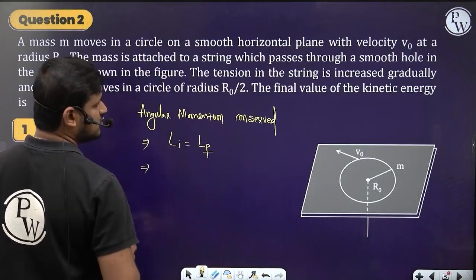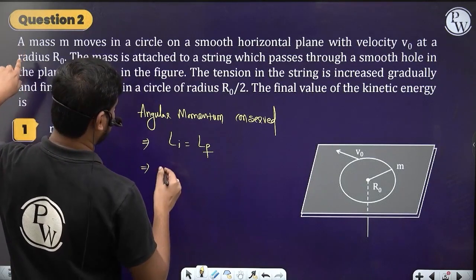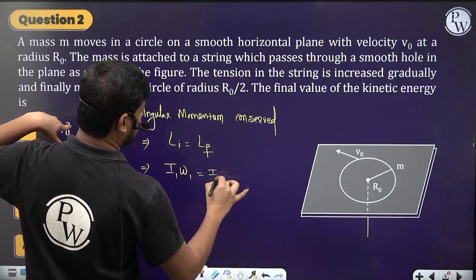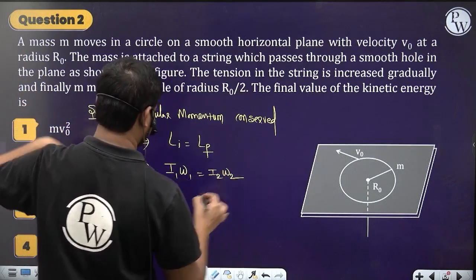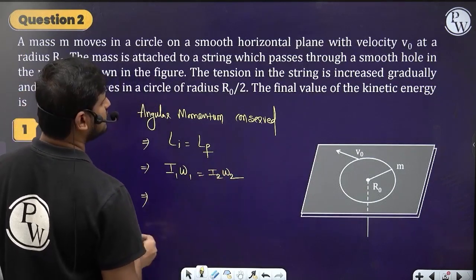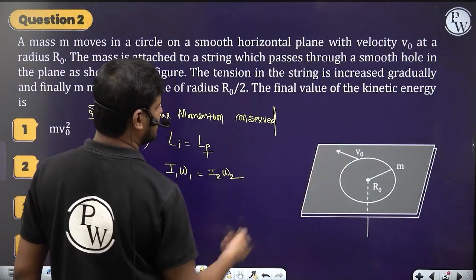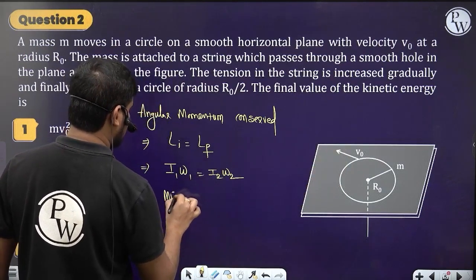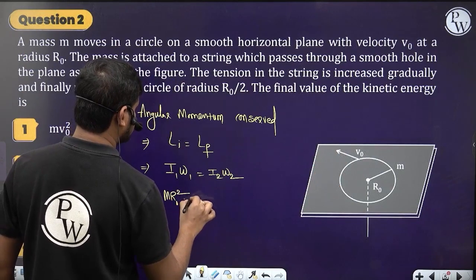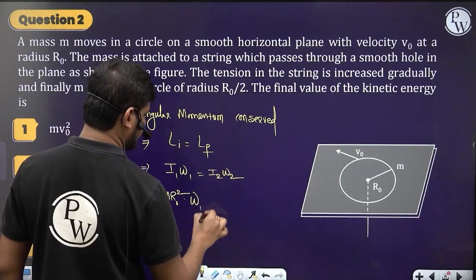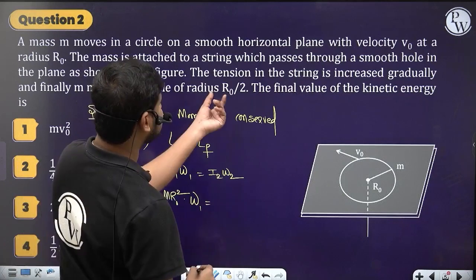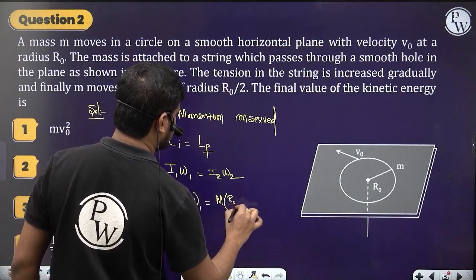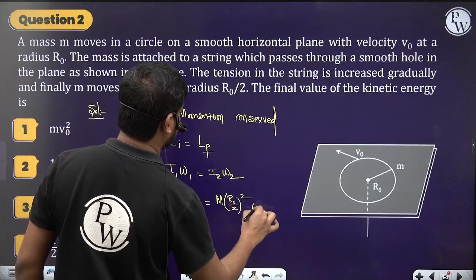So initially let's suppose I1 omega 1 is equal to I2 omega 2. What is I1? It is moving in a circular path of radius r0, so m r0 square into omega 1. Its radius decreased to r0 by 2, so m r0 by 2 whole square into omega 2.